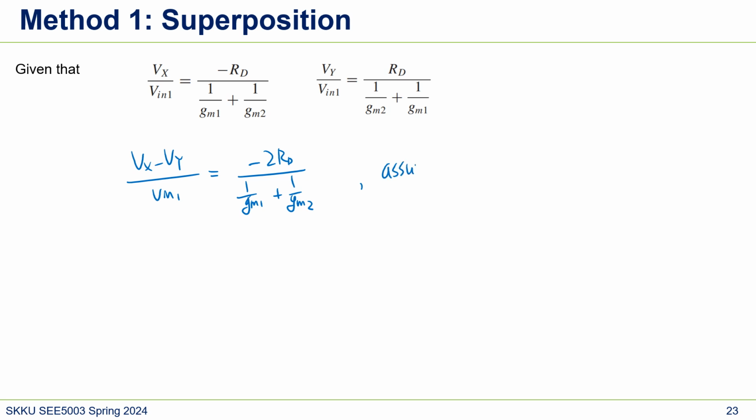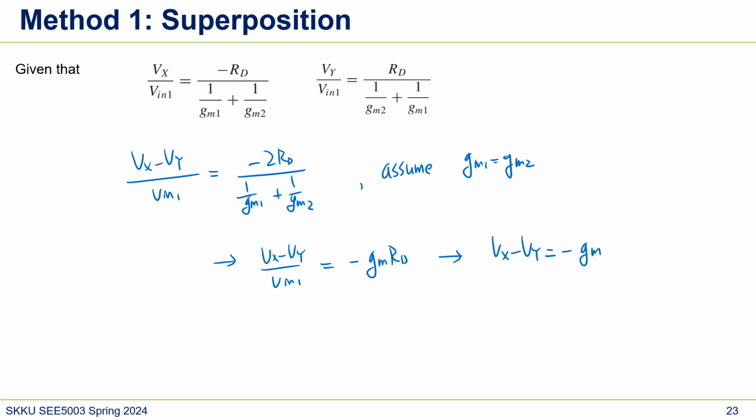Assume Gm1 is Gm2, then Vx minus Vy over Vin1 becomes minus Gm Rd. If we rewrite, this becomes Vx minus Vy is minus Gm Rd Vin1.